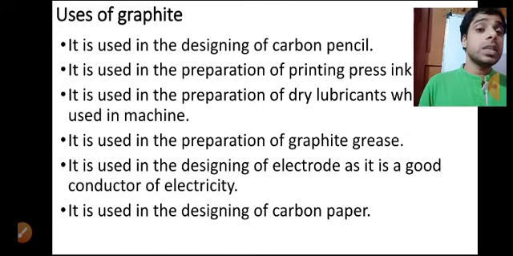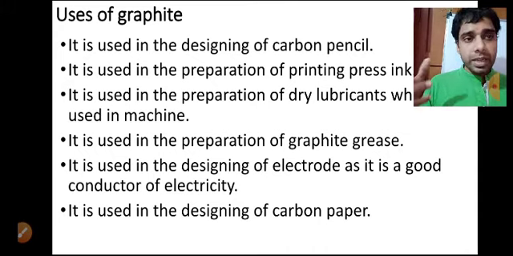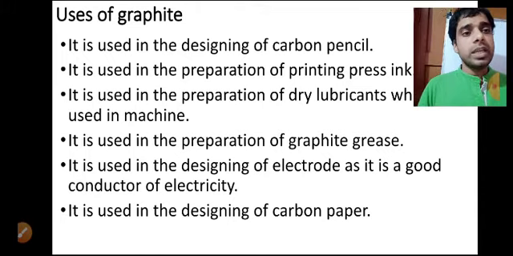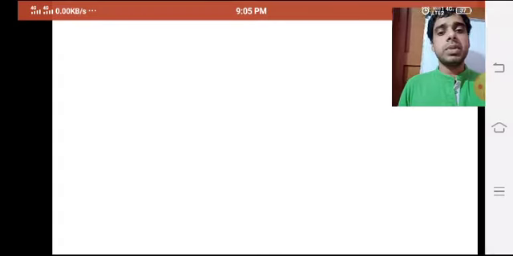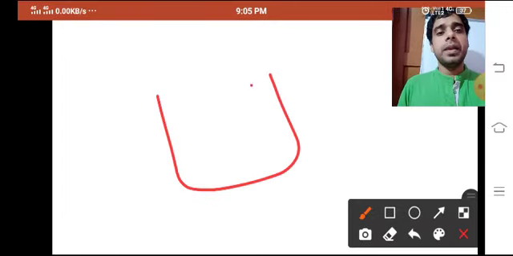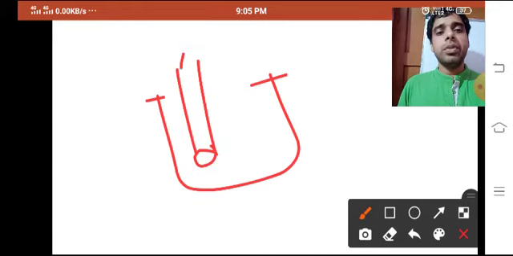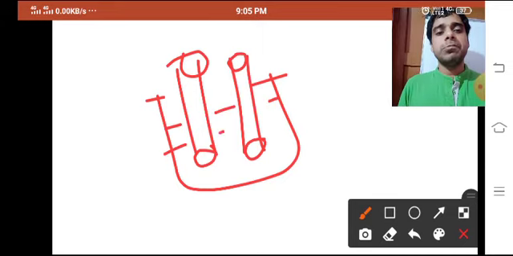It is used in the designing of electrodes. Graphite rods are used in the electrolytic conduction of electricity. Here a beaker is there, and here we take this kind of electrode, and here the electrolyte would be there. We are taking it for conducting electricity.